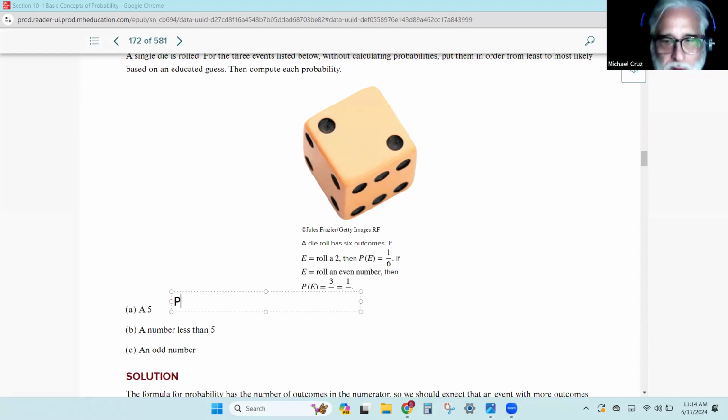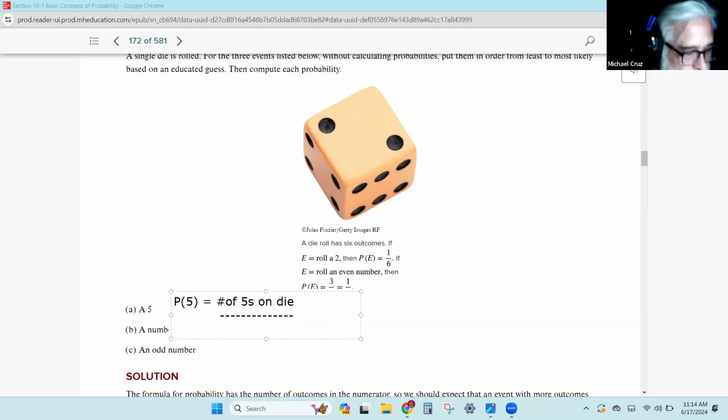So let's say we got that die and we want to find the probability of a 5. So the probability of a 5 is equal to the number of 5s on the die over all the sides.